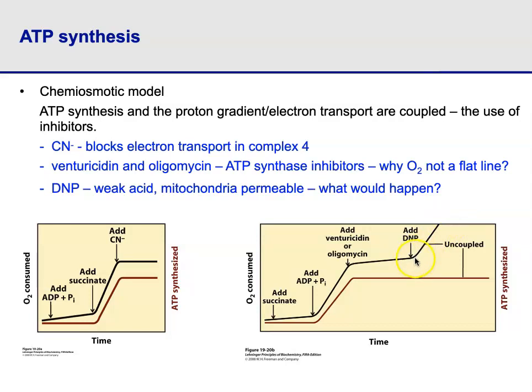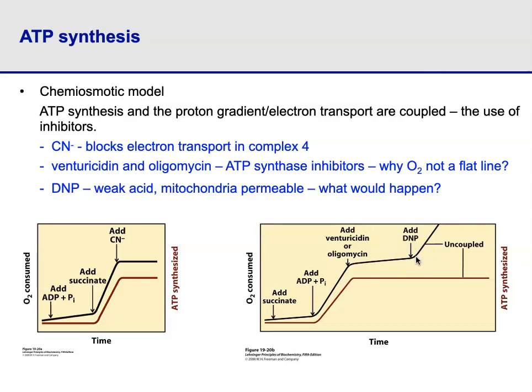Which proves again, ultimately, that the connecting factor between electron transport and ATP synthesis is the protons, or the proton gradient. DNP is known as an uncoupler of these two processes. Why? Because DNP makes the two processes independent of each other.